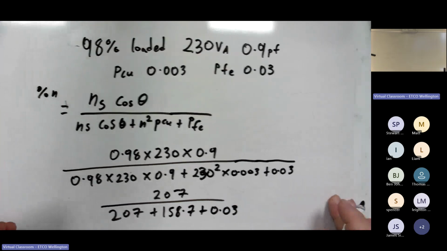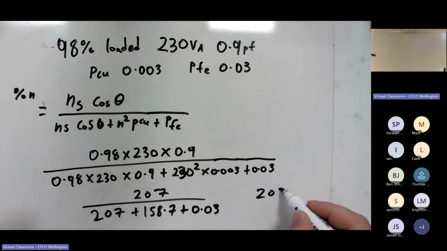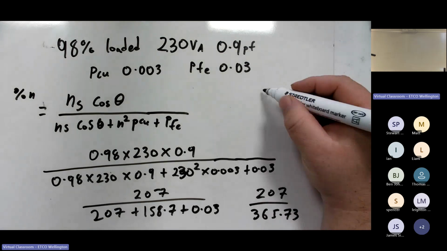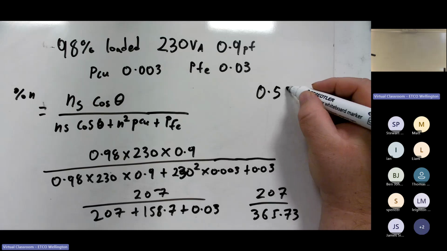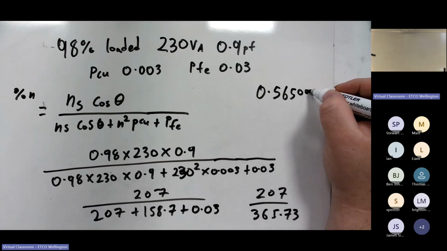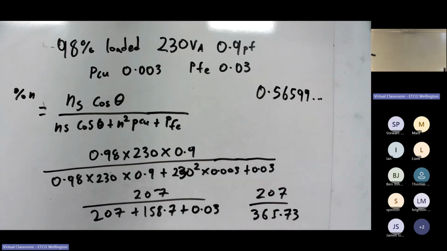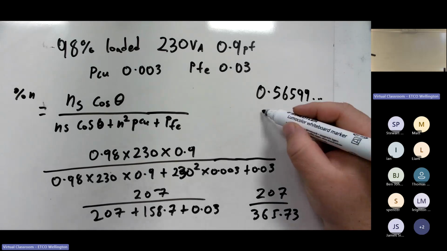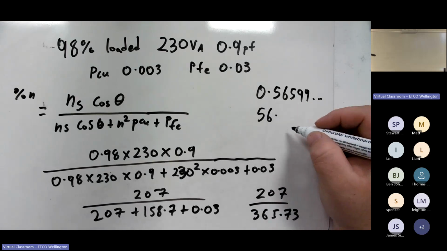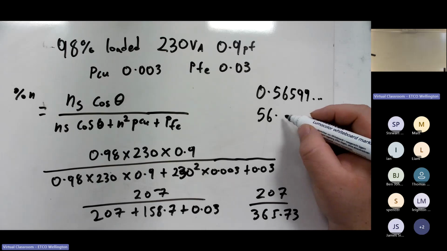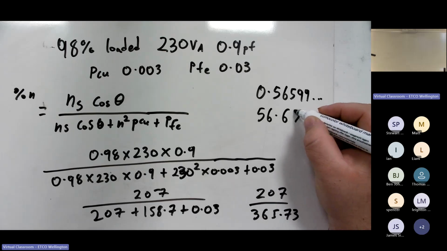So that gives us 207 divided by 365.73, which gives us 0.5659, times 100 gives us 56, with rounding 6%.